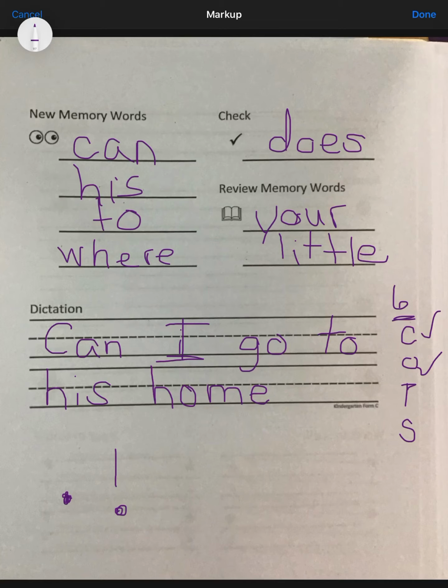I'm doing what? I'm asking. I'm asking a question. So I want to use a question mark on this sentence. So now I have punctuation now that we worked out which one I wanted. And does my sentence make sense? Can I go to his home? Yep, it does.